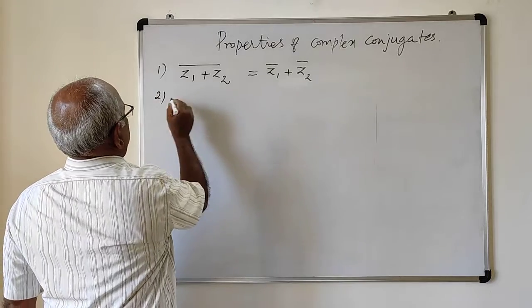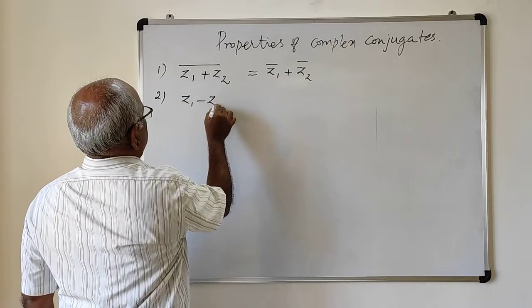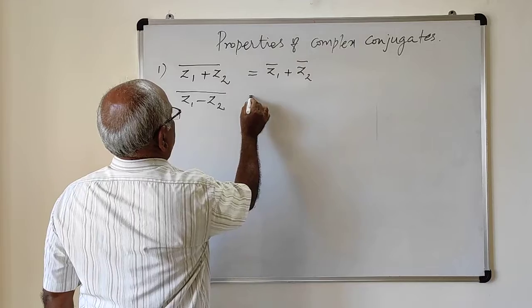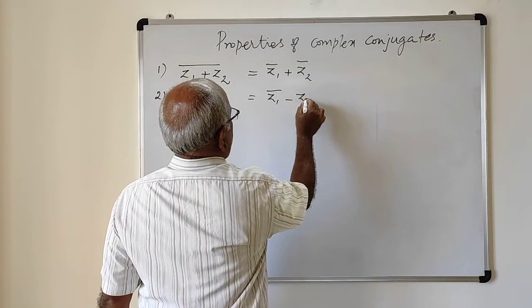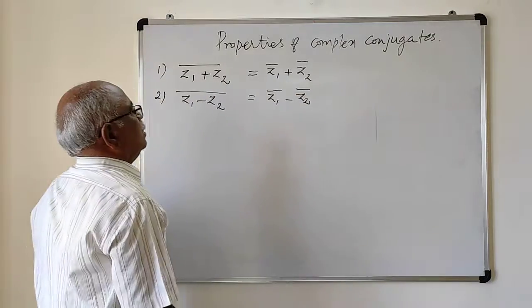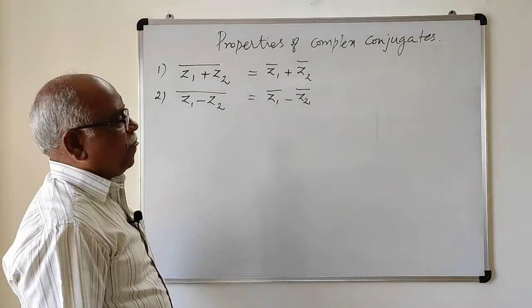Similarly, second property: the conjugate of Z1 minus Z2 equals Z1 bar minus Z2 bar. Conjugate of difference equals difference of conjugates. This is the second property.